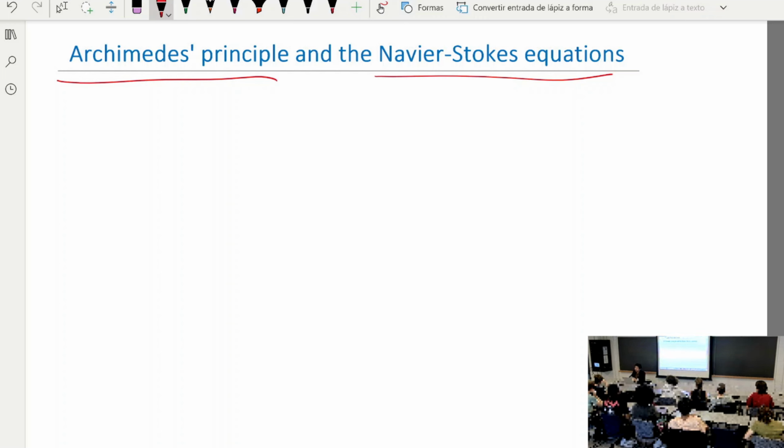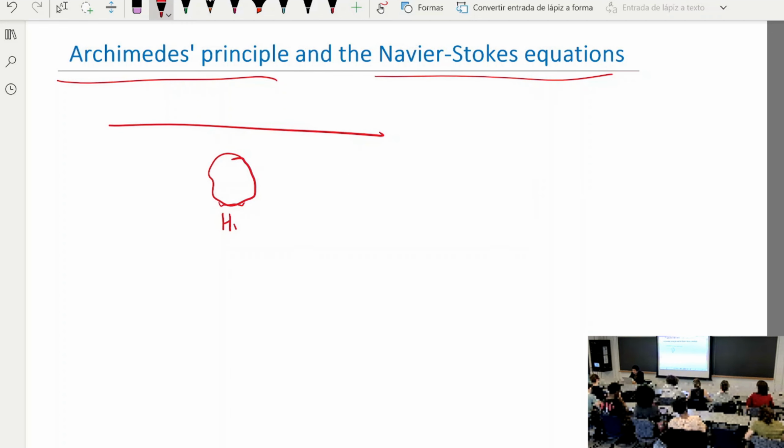So if you immerse something in water, the bottom of that something has high pressure, the top has low pressure, and as a result, the force exerted on the object is what we call a pressure gradient force.